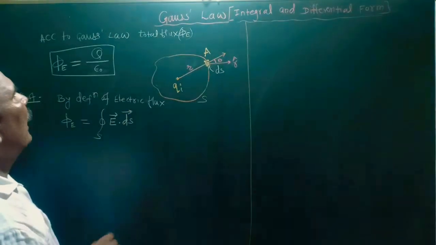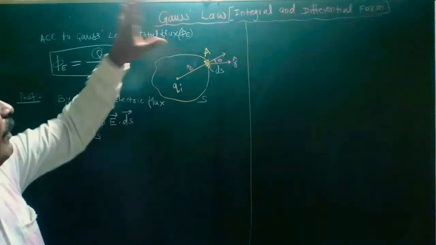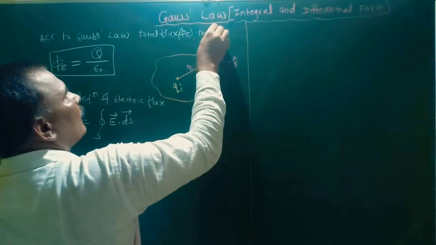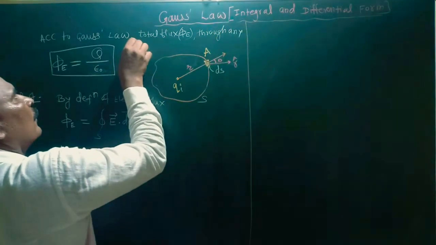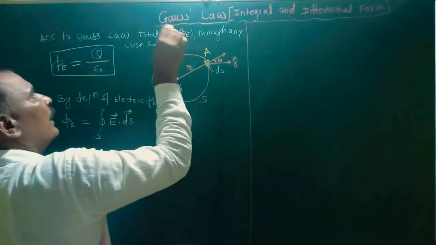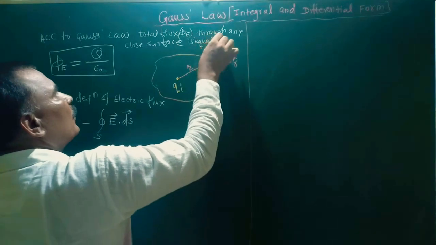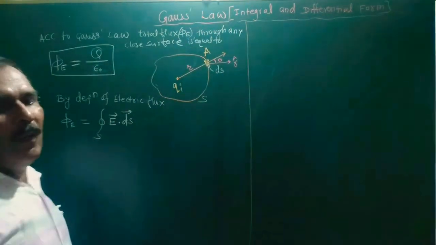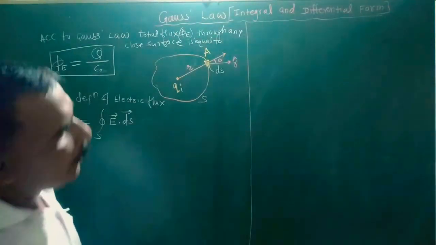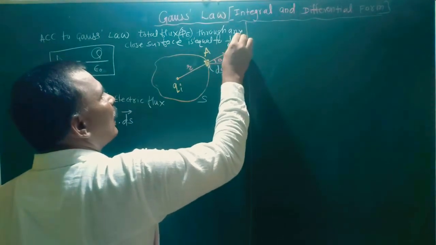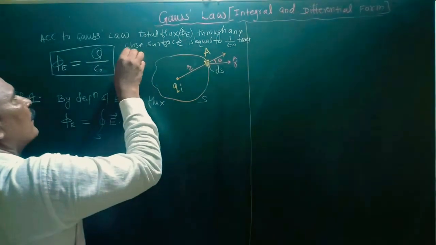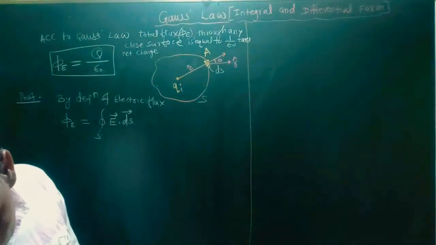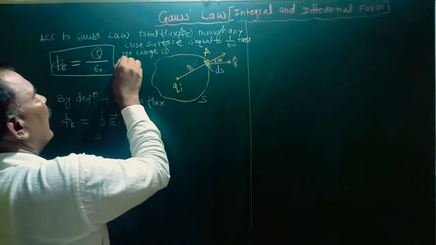Finally, according to the Gauss law, the total flux phi through any closed surface is equal to 1 upon epsilon 0 times the net charge Q enclosed by the surface, where epsilon 0 is the permittivity.